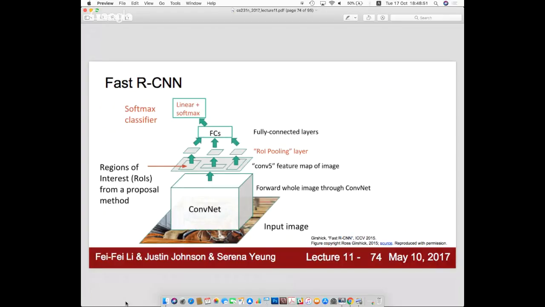After which they feed into a fully connected layer, and then they go into the softmax, which is the softmax classifier, and then the bounding box regressor.